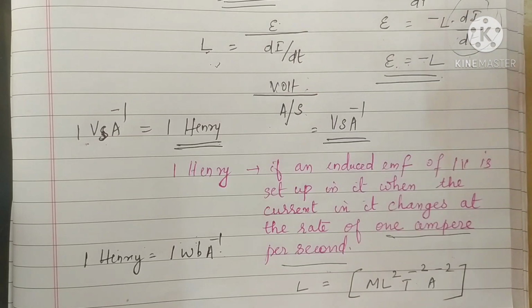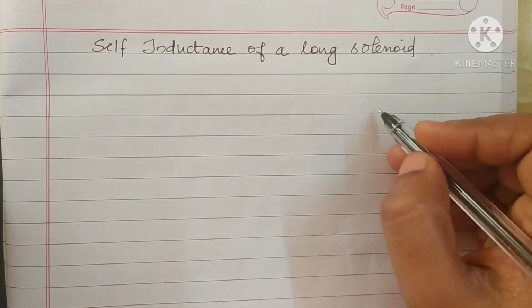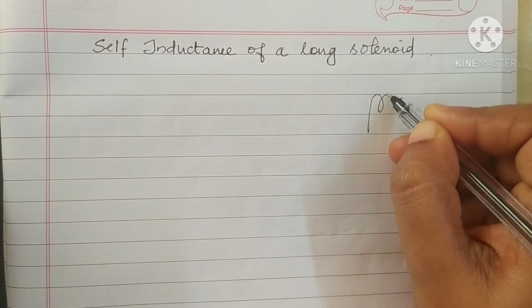Now next we are going to derive an expression for the self-inductance of a long solenoid. You have studied what a solenoid is, and it consists of a large number of turns like this.